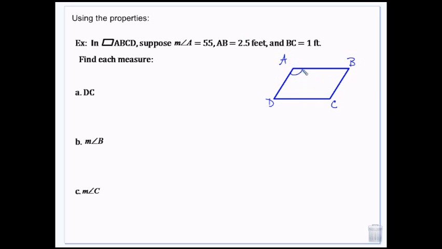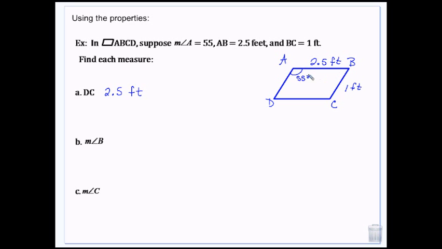So I'm going to pretend that this is 55 degrees. This is 2.5 feet, and this is 1 foot. So how long is DC? Well, we have the opposite sides are congruent. DC is opposite AB. So it's 2.5 feet. Angle B is adjacent or consecutive.